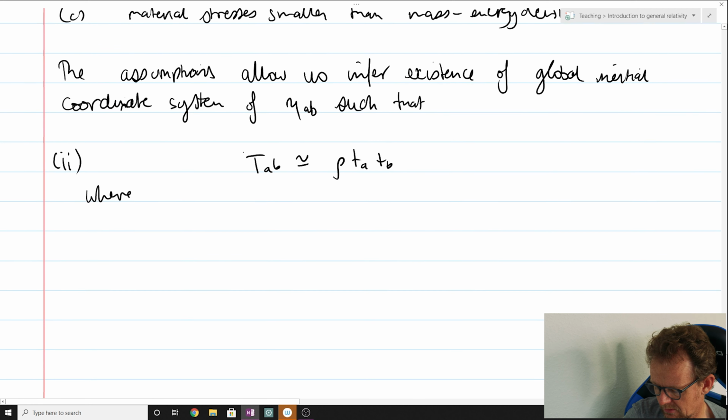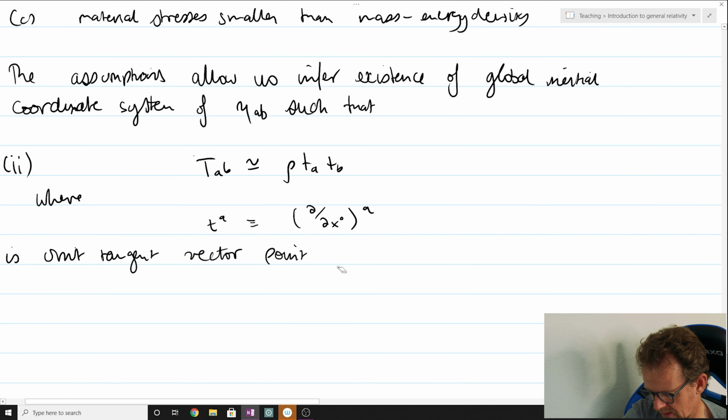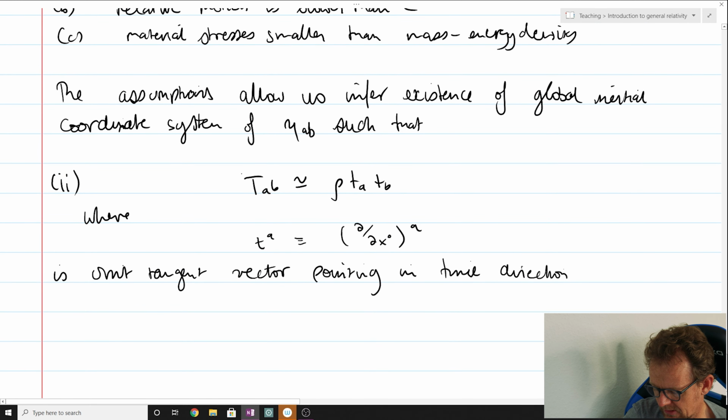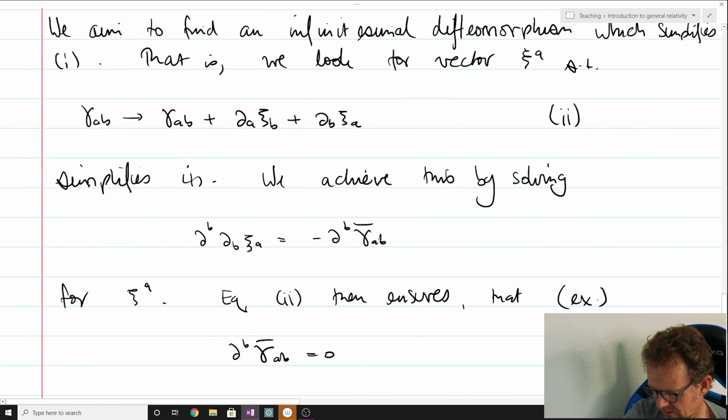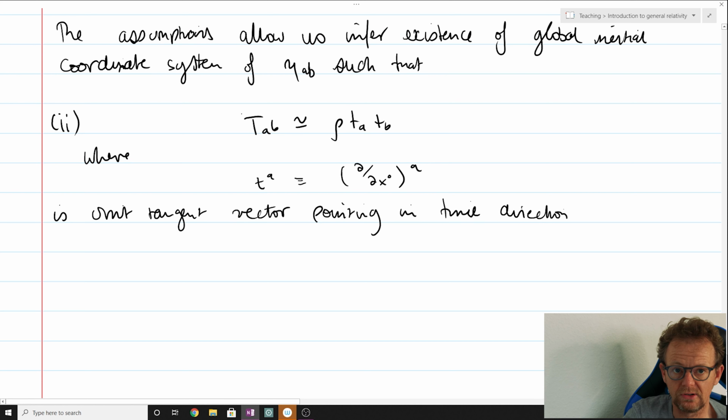So all the other 15 components are vanishing. So this T^a is the unit tangent vector pointing in the time direction. So that's an additional assumption. These assumptions allow us to make this additional simplification of the stress energy tensor.